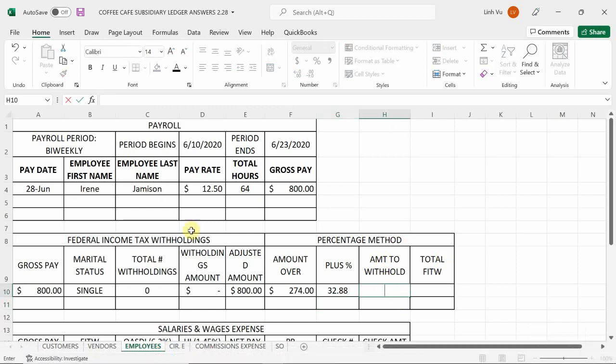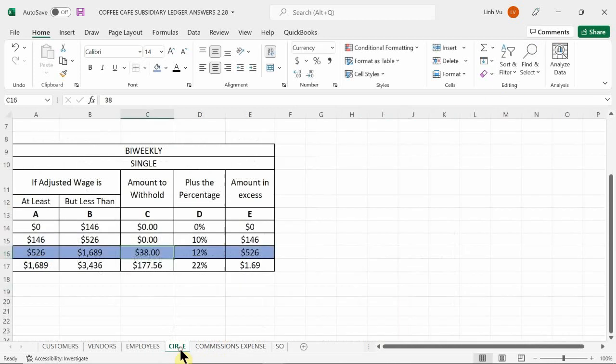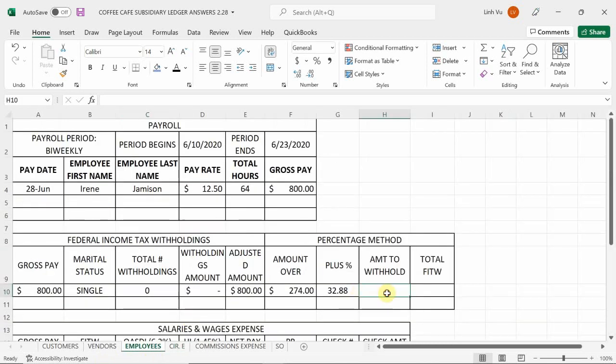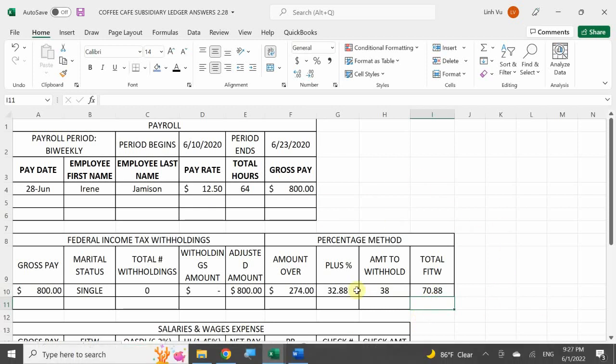We also have to include the amount to withhold from her paycheck, which is what the government is going to take away regardless of the amount that she earns. In the Circular E table, they're going to take away $38. So her total federal income tax withholdings is going to be $32.88 plus the $38, so she is subject to $70.88 worth of federal income tax.